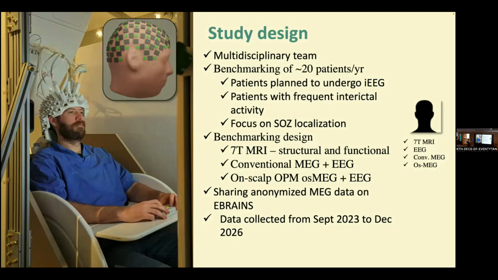And then we're going to try to localize the seizure onset zone. Maybe interesting is that the idea is also to record 7 Tesla MRIs at the MR center at KI, which might help us detect lesions that wouldn't have been seen with conventional MRI, but also might help us get a better resolution just by having a more accurate structure.